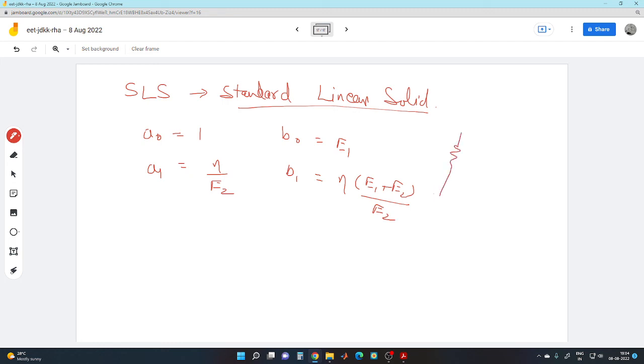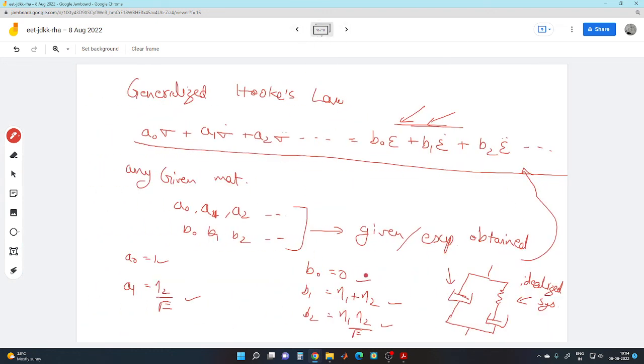And the model is more like a spring with a spring damper. This is E1, this is E2, this is eta. Because why do we need multiple models? Because in this model, if you see, B naught value is 0.